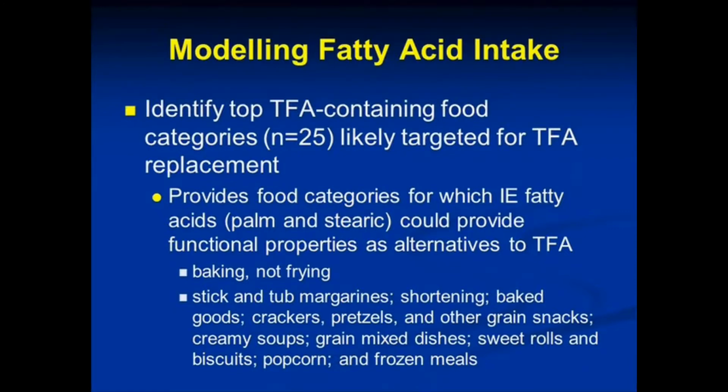So interesterified fats aren't going to show up in those sorts of frying oils. It's really going to be in baking products, and then also in stick and tub margarine, shortenings, other baked goods, yeast products, perhaps popcorn, those sorts of foods. That's where the interesterified fats are likely to show up.